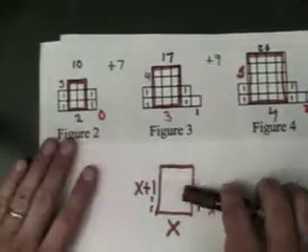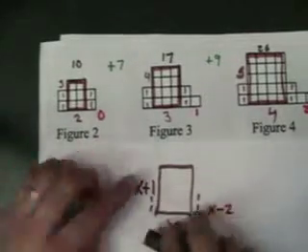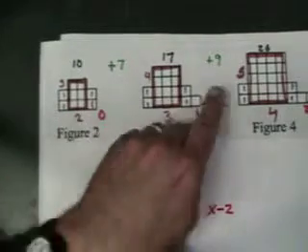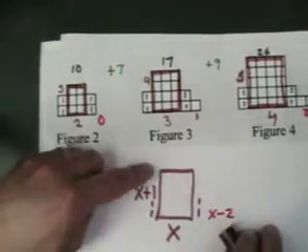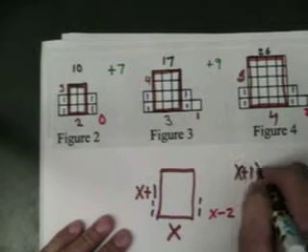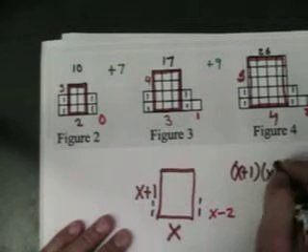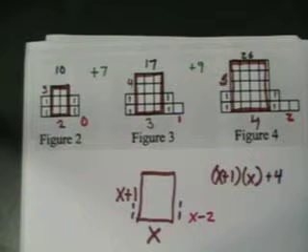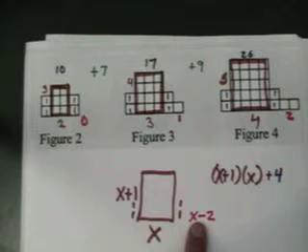To find the number of tiles here, I multiplied 3 times 4, 3 times 2, 5 times 4. So I'm going to multiply x plus 1 times x. Then I'm going to add 4, and I'm going to add x minus 2.